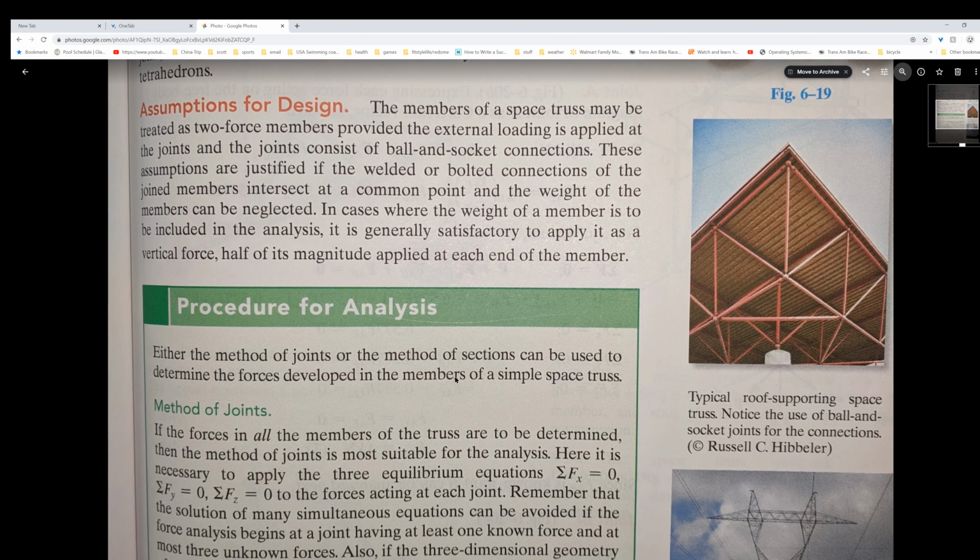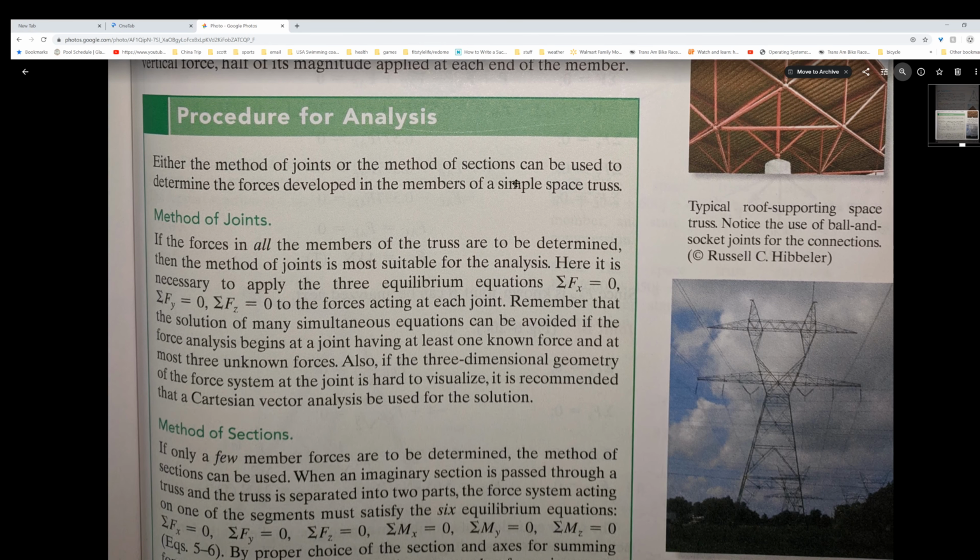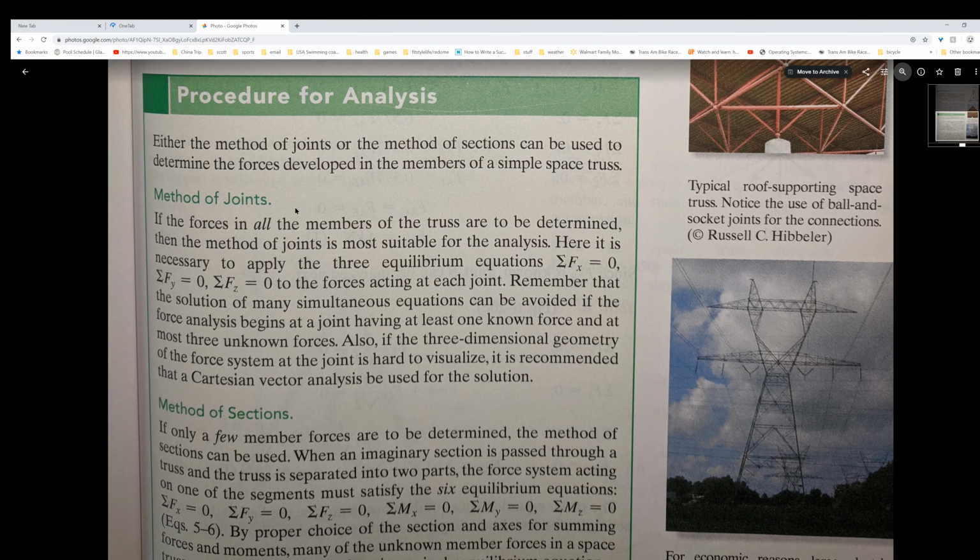All right. And just the procedure for analysis. This is just the one page. There's really just a short part on this before we can look at an example. So here we go, method of joints. Here you apply these three equilibrium equations. When you're solving a space truss problem, you still follow the same general approach as we did in two dimensions, because this is essentially the same problem, except in three dimensions.